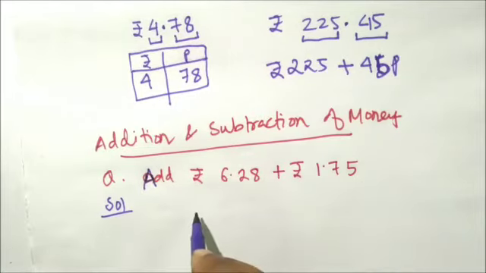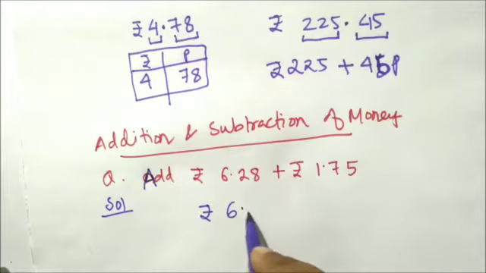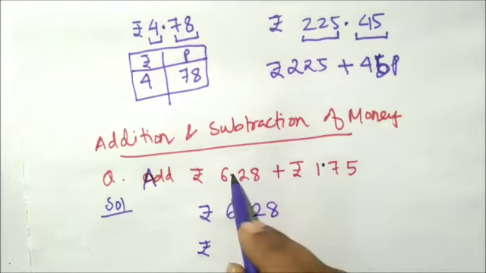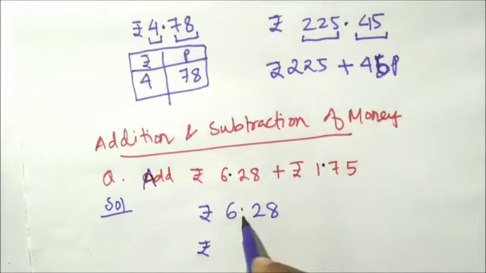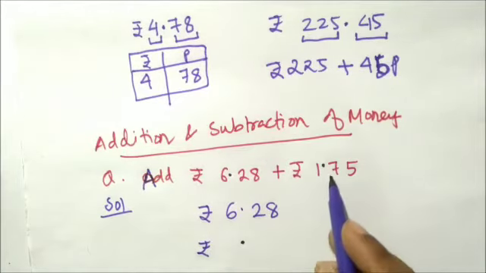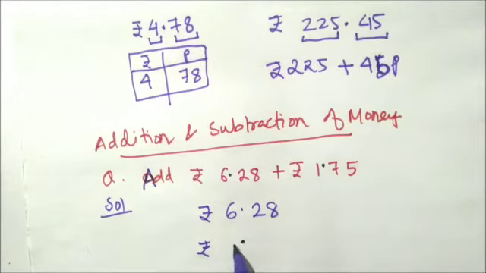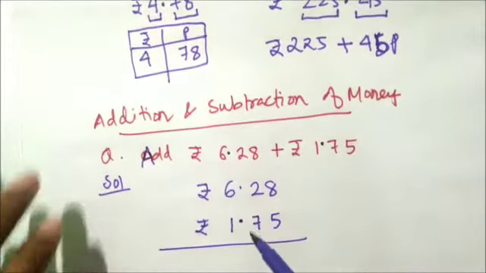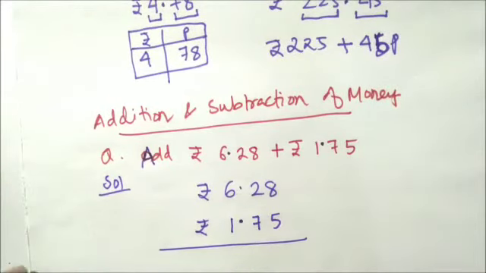How? First you write rupees 6.28, and after that you need to focus on this point. You place the point of 1.75 here, so what I did actually, both the points are aligned on a line, they are lying on the same line. Yes or no?